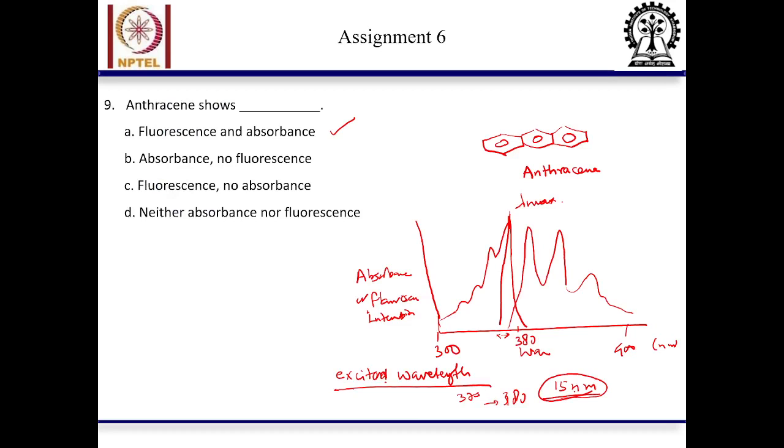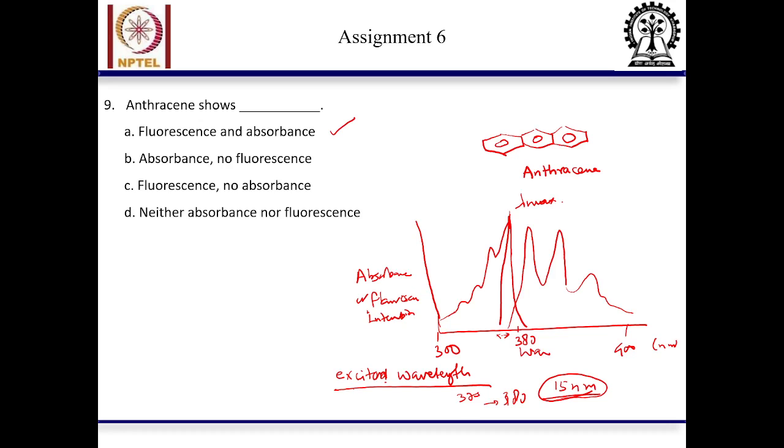So the question is why anthracene. The first thing is whether it will show fluorescence or not. Mostly, conjugated organic molecules will show fluorescence. But whether it will show fluorescence or not, you have to perform the experiment, and only then can we say.